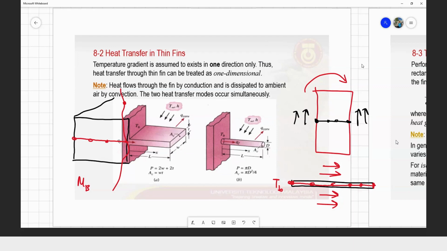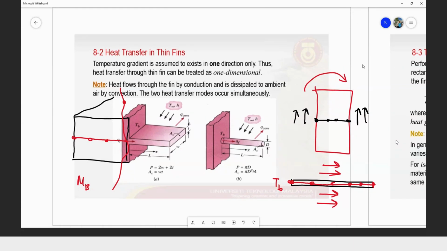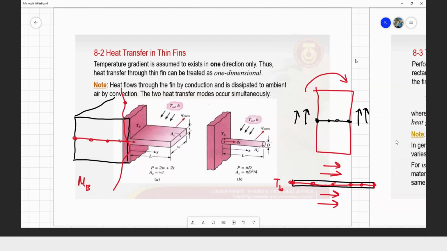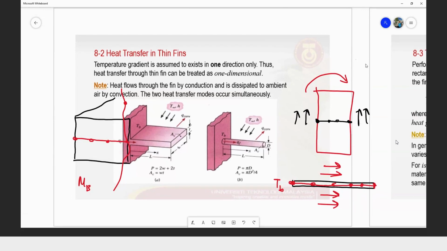All of these have different performance depending on what you want to do. Then you can choose which type of fin to be used in your problem, but you need to do the analysis first: how much heat you want to have dissipated from your system.